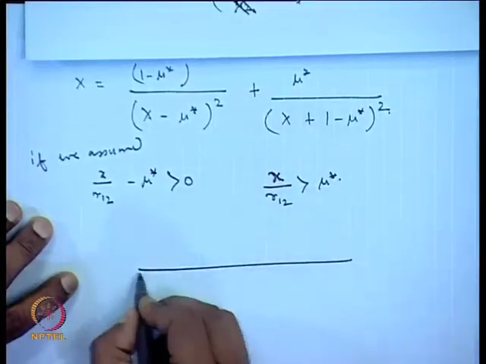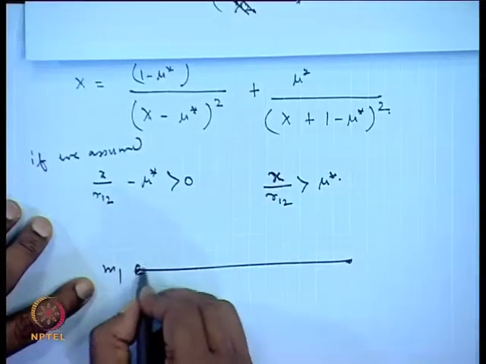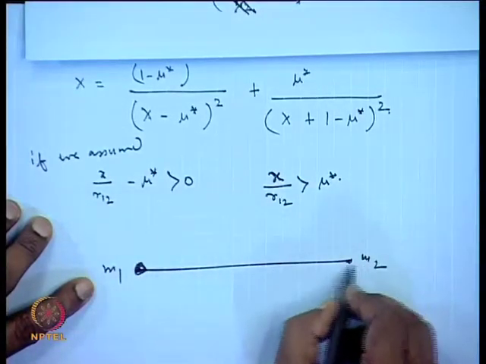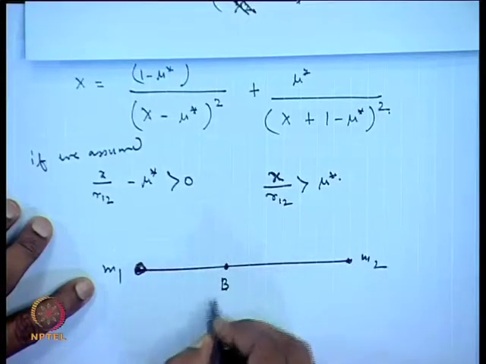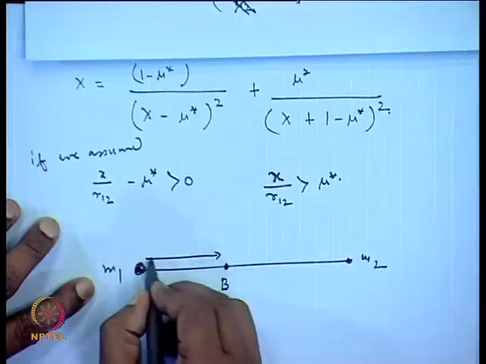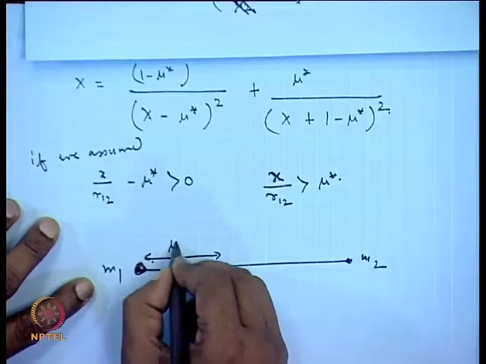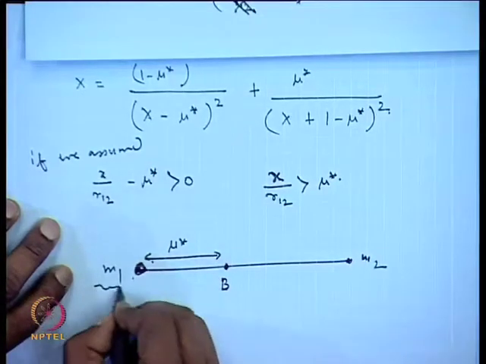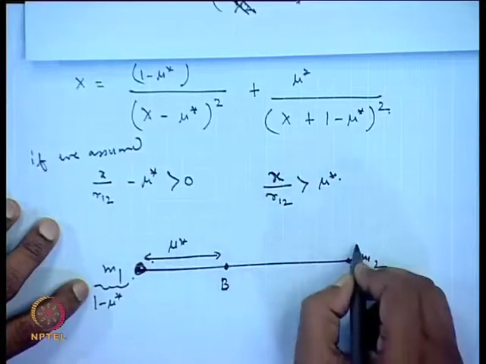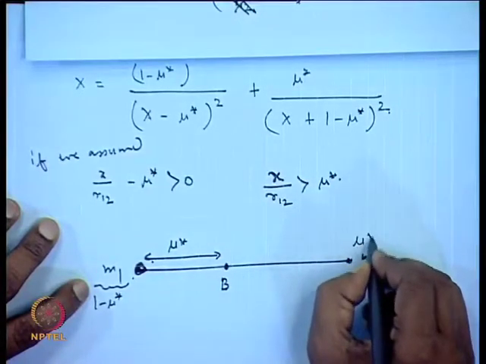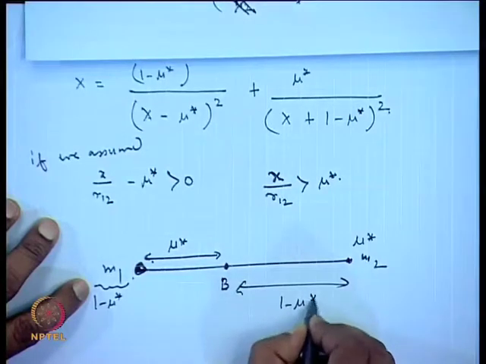Now, look into the figures, the normalized conditions that we have mentioned earlier. This is the mass m 1, this is the mass m 2, okay, and somewhere B was the barycenter. So, this distance we wrote as mu star and this mass we replaced in terms of 1 minus mu star, the right hand side mass we replaced in terms of mu star, and this distance we wrote as 1 minus mu star.